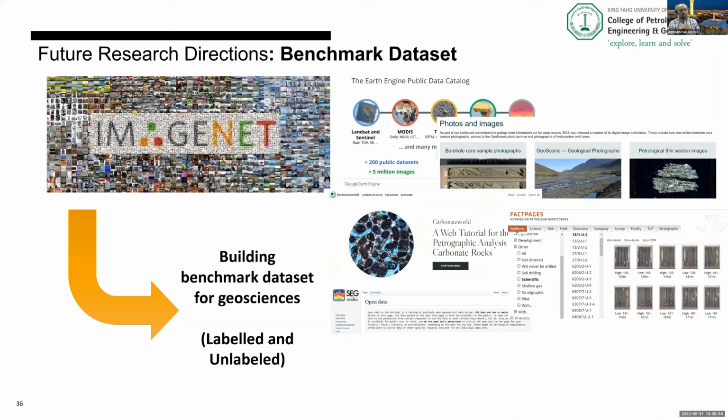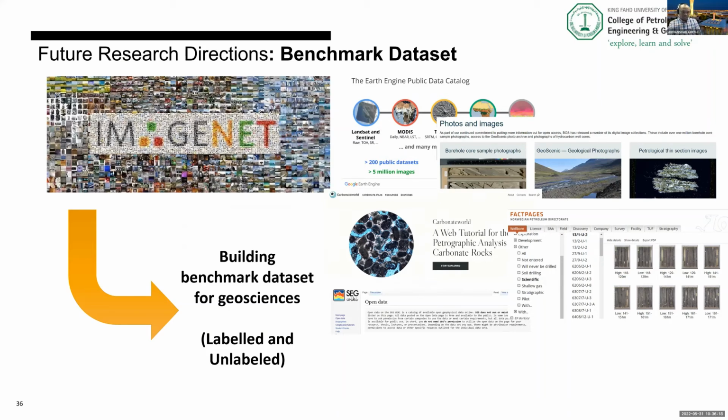I think we need to develop a benchmark dataset. This is what people have been developing on the other side, in computer science, where they have ImageNet consisting of millions of data. In geoscience, when you look at it, we actually have many different resources, right? But there is no place that actually gathers all these datasets. We have very isolated datasets.